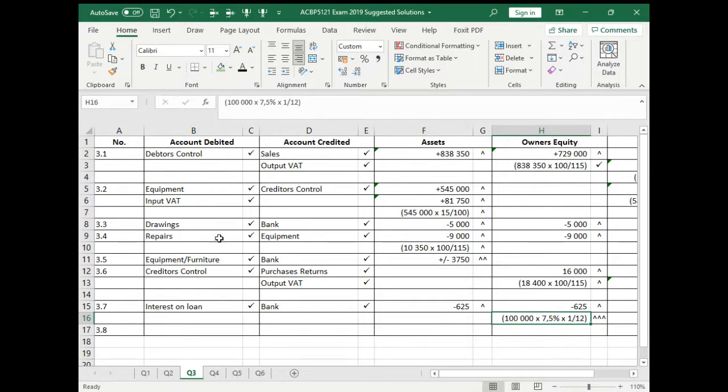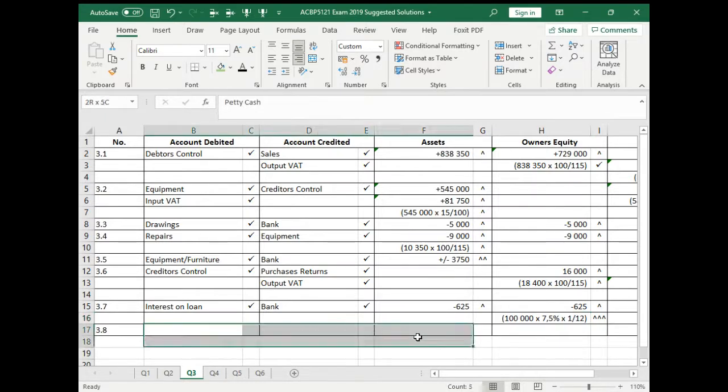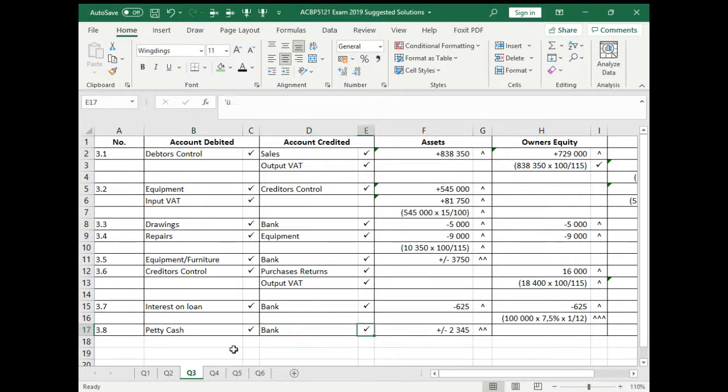And because it is cash, there is also no VAT implications. So we would debit the petty cash because we're increasing the petty cash. We credit bank because we're reducing the bank, and then we've got both a positive and negative asset account in the scenario. And that is how you would have completed question 3.